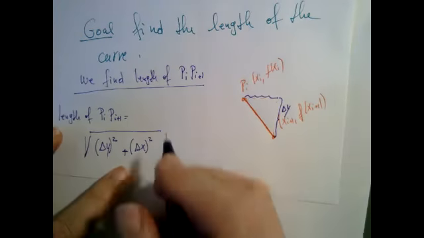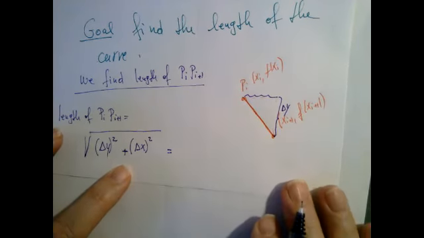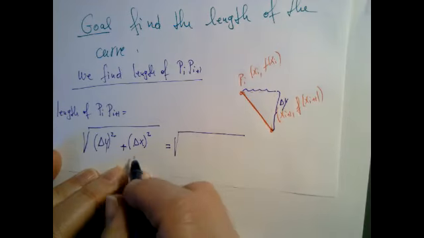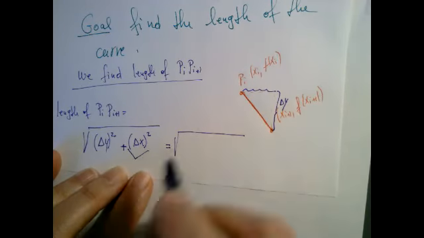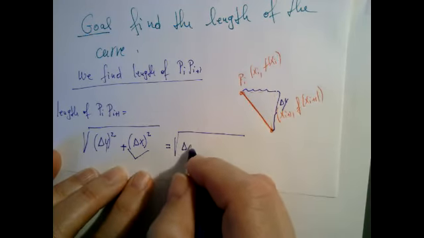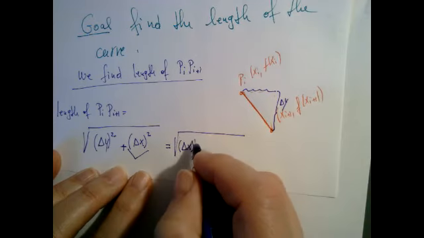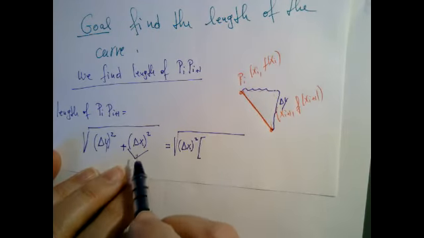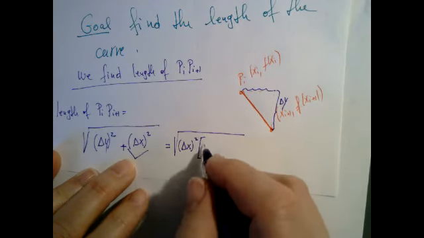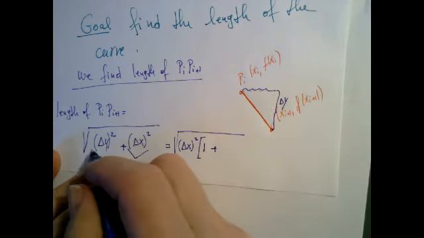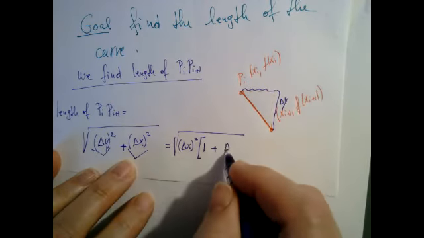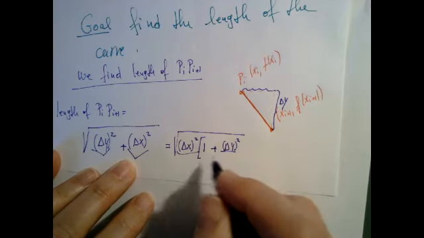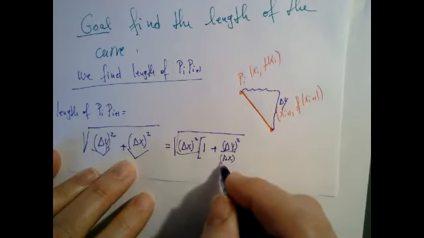All right. Now I'm going to do a little bit of algebra, and this is equal to what? I'm going to factor out the delta x squared. So I'm going to do a little bit of tricks to come up with the formula. This will give me a 1 from here. And this will give me the delta y squared, since I factored out this one over the delta x squared.